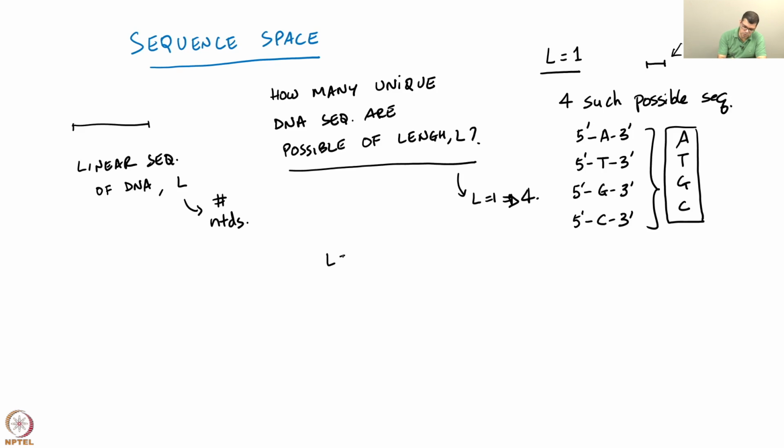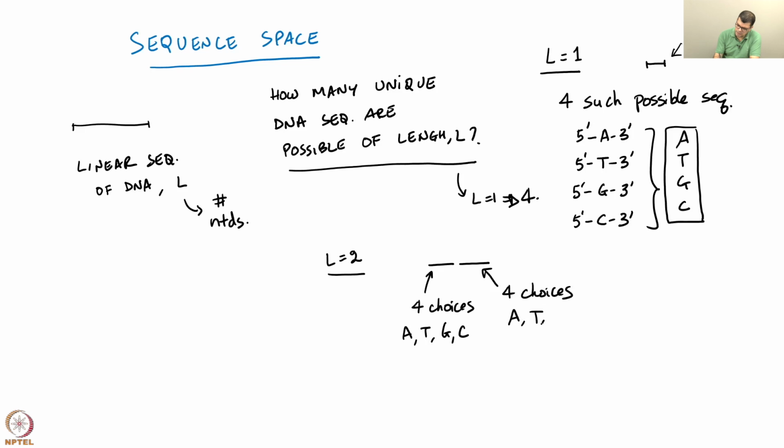Suppose L was equal to 2. In that case, how many such unique DNA sequences can we make? Now we have to fill these 2 places. For the first place we have 4 choices: A, T, G or C. For the second position we again have 4 choices, A, T, G, C, because if we pick an A here, picking an A again is allowed, as repeats are allowed.